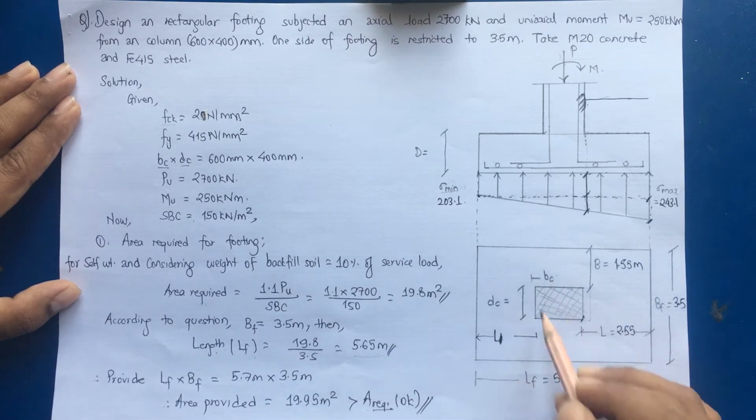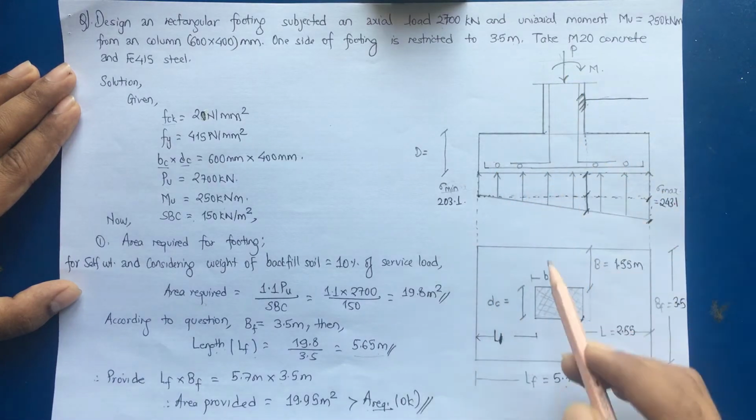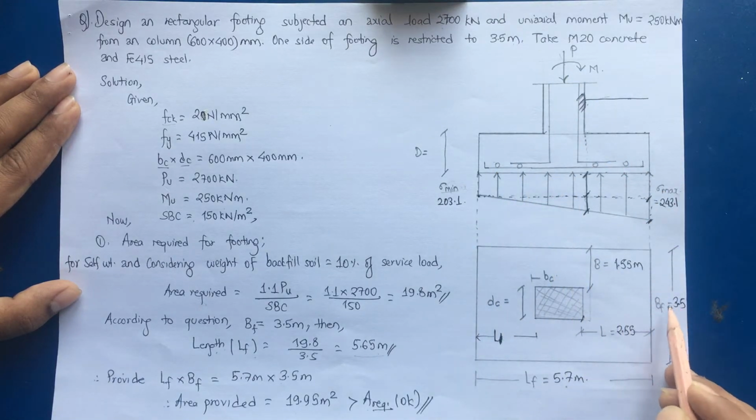Now in the figure we can see that the length of the footing is 5.7 meter and it is in the direction of the moment. Similarly the width of the footing is 3.5 meter, and the projection l is the length of the overhang portion in the direction of the length of the footing, only l, so this is Lf.